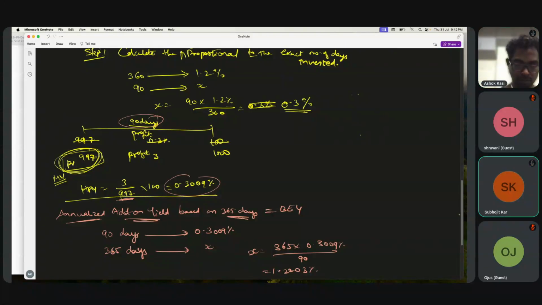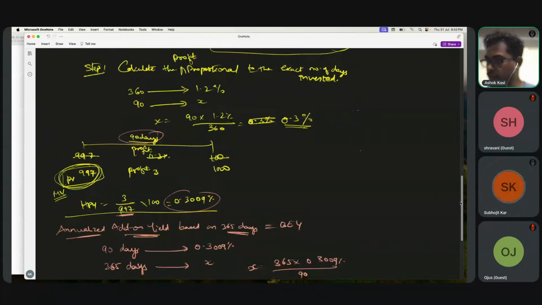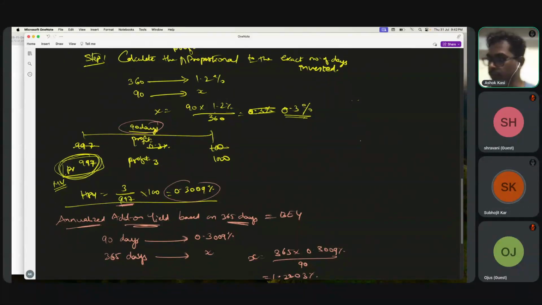Like we got the discount percentage and then we calculated the HPY. First, calculate the profit proportional to the exact number of days.